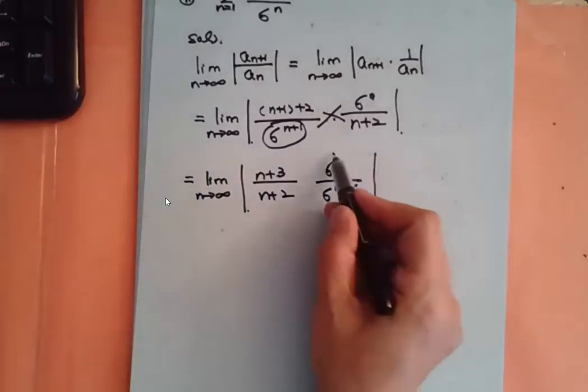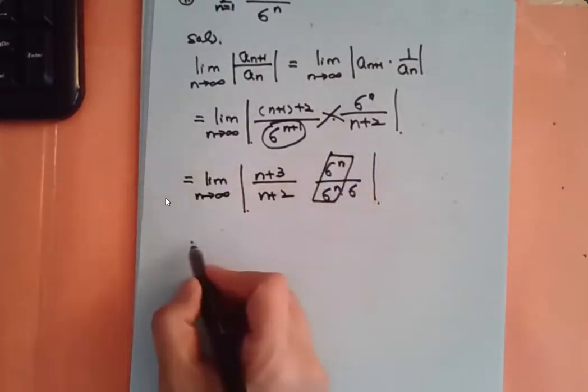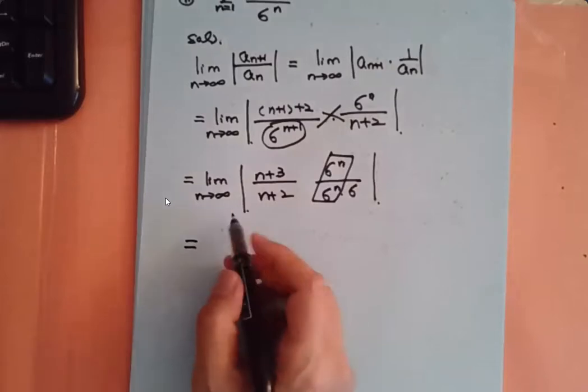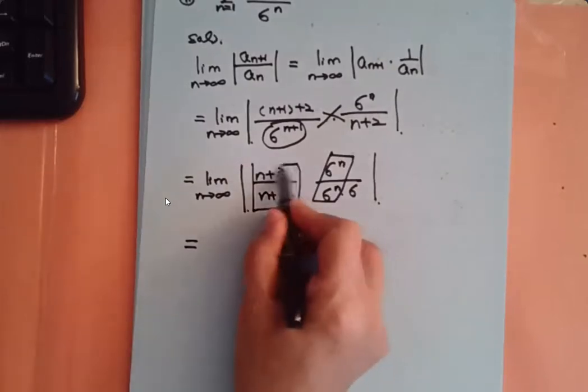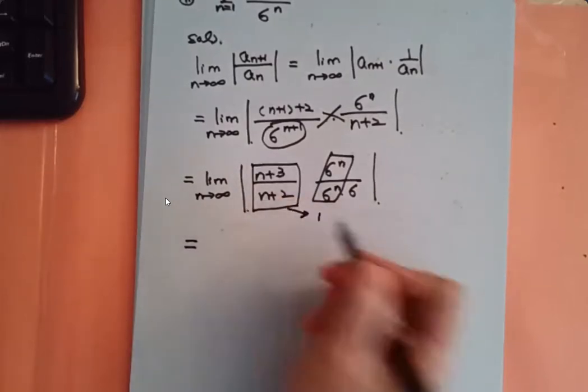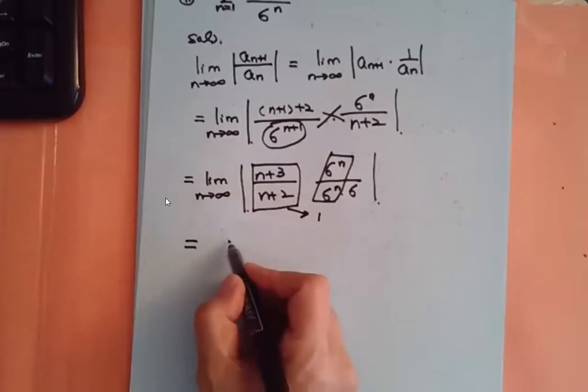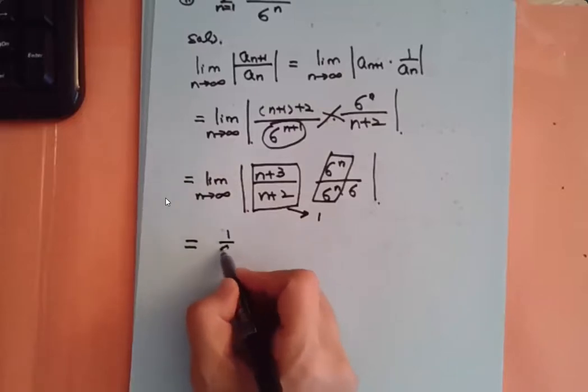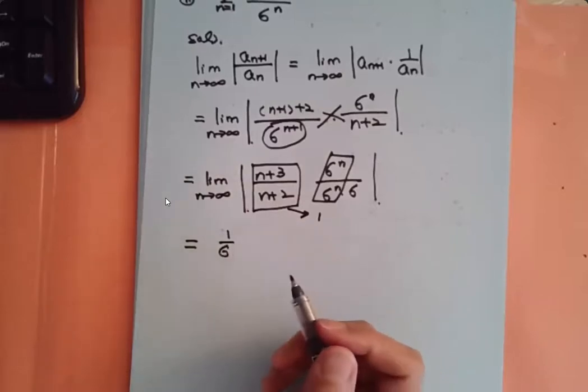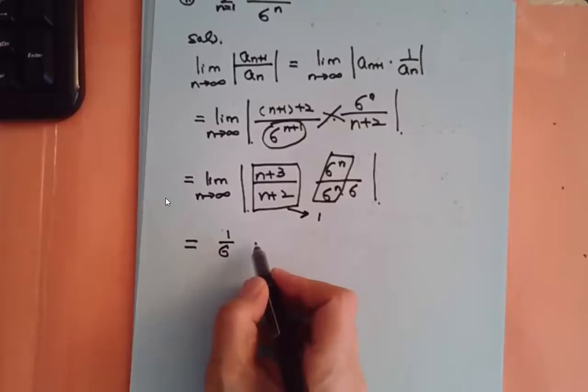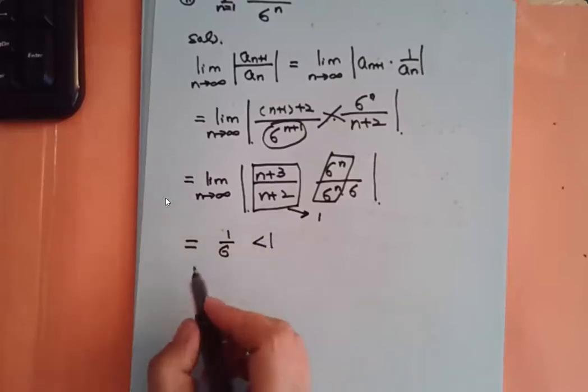So the n's will cancel each other, and this part will go to 1. So that means everything will converge to 1 over 6, that is less than 1.